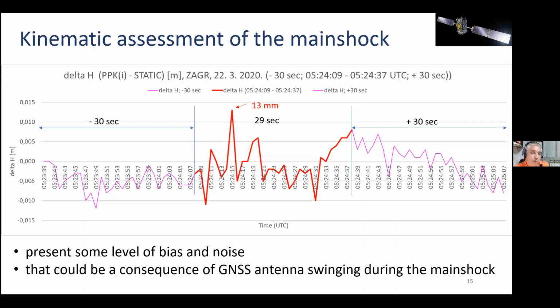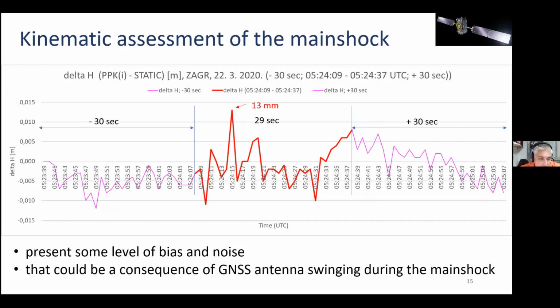Maybe those little spikes are due to the shaking of the antenna, since you know that height is not determined independently from the position. So of course there are correlations between position and height.